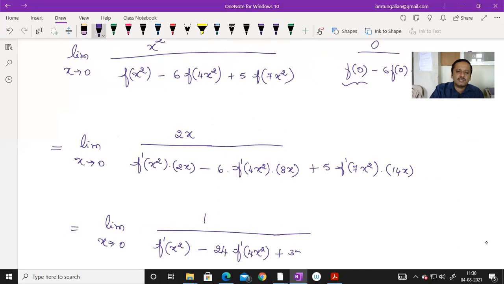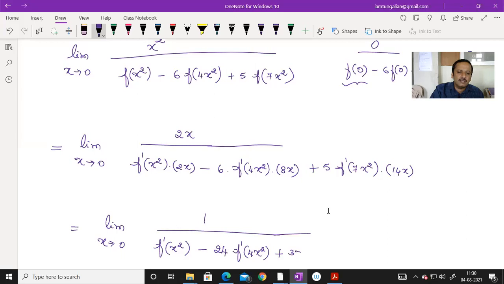Now x square divided by f of x square minus 6 f of 4x square plus 5 f of 7x square is equal to. If we directly apply the limit, numerator is 0, no doubt. Denominator, I'm putting x as 0.